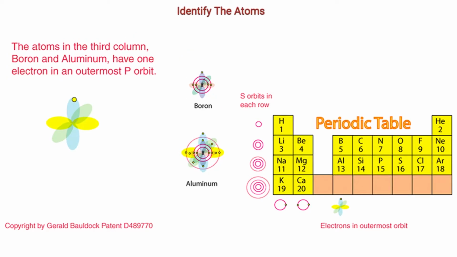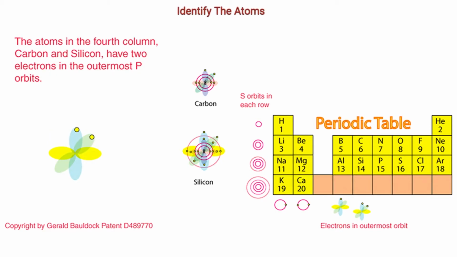The atoms in the third column, boron and aluminum, have one electron in an outermost p orbital. The atoms in the fourth column, carbon and silicon, have two electrons in the outermost p orbital.